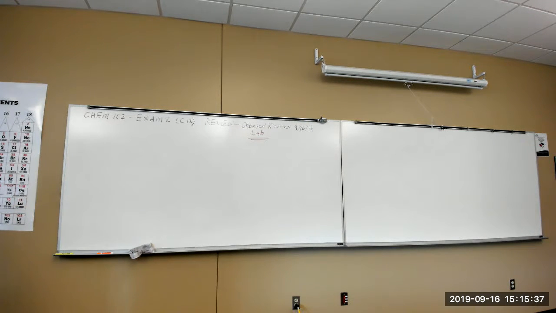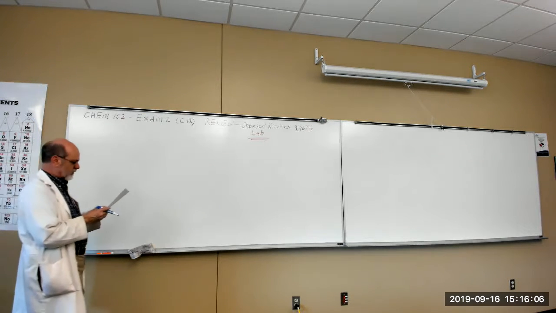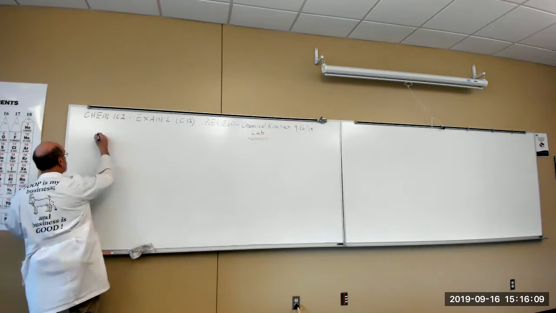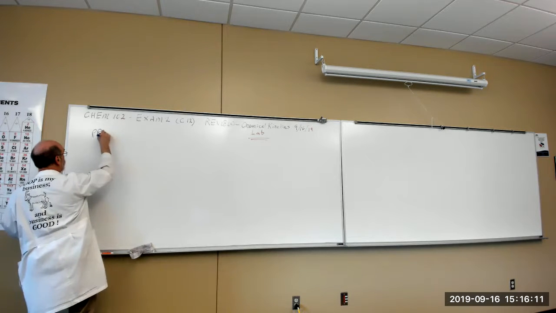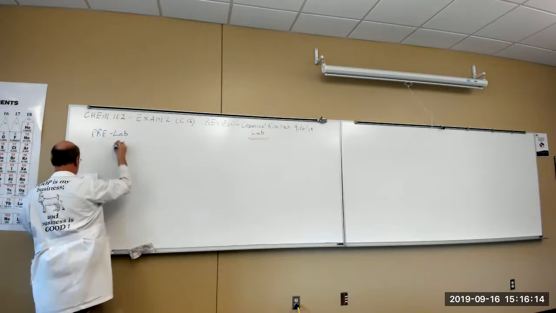All right, for the kinetics lab, pre-lab questions. Let's look at the pre-lab questions. They might give us a better start into what we're going to deal with in the lab. Household bleach has 5% sodium hypochlorite. So this is pre-lab number 1.